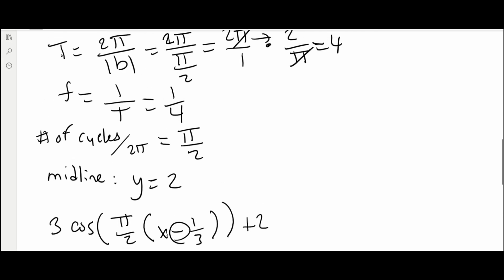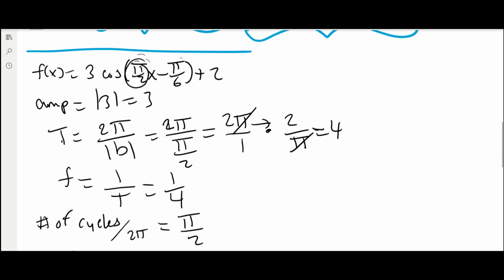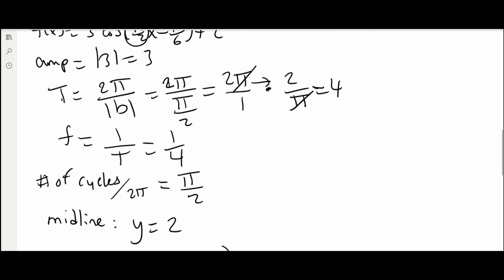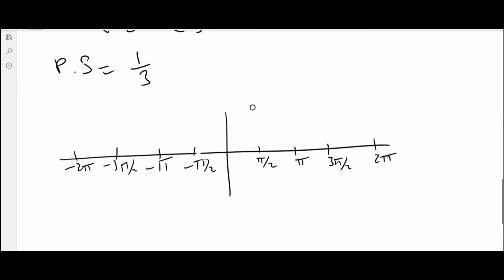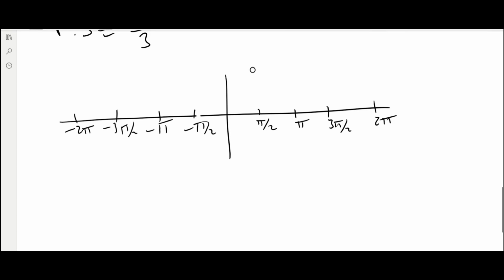We know that our amplitude is 3. So midline is 2, amplitude is 3, and period is 4. Okay, so let's go ahead and do a few tick marks here. So the midline is 2, that's over here.